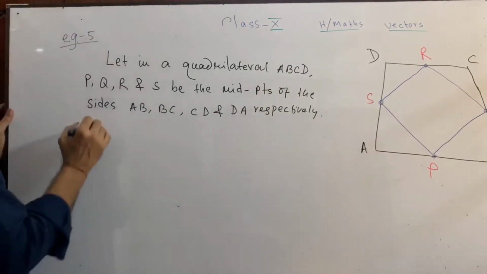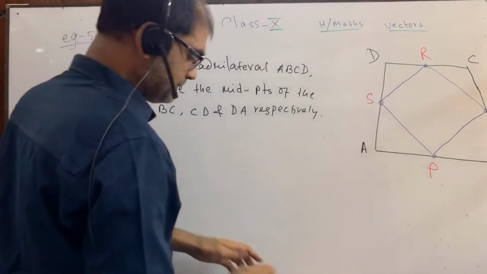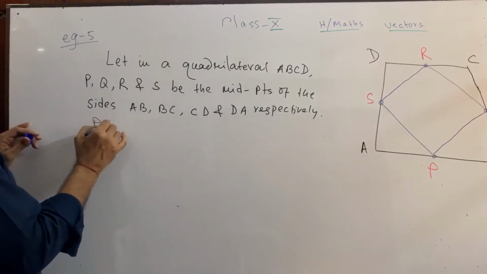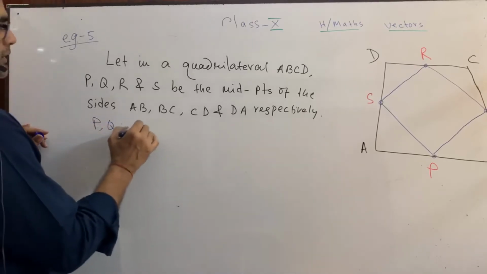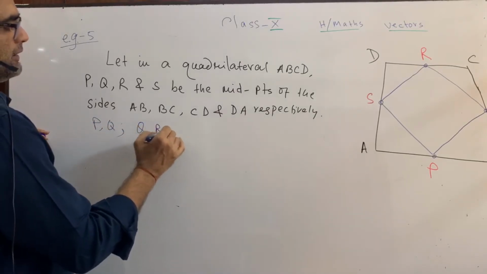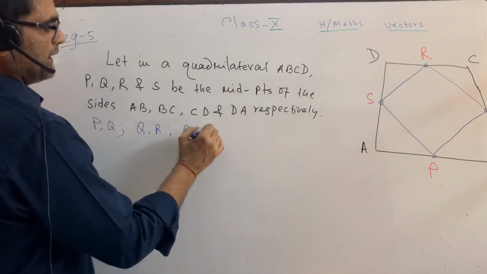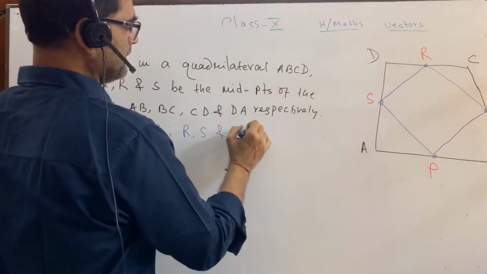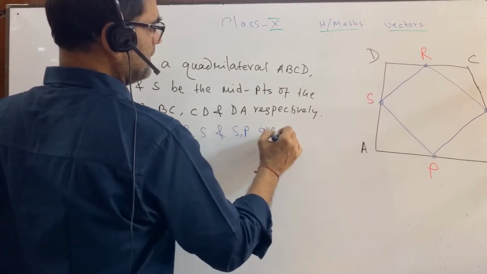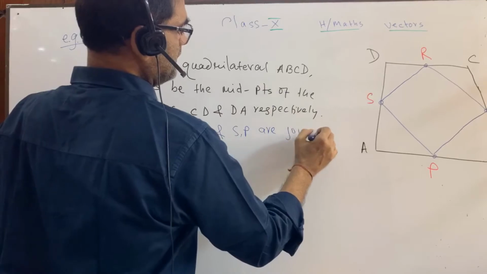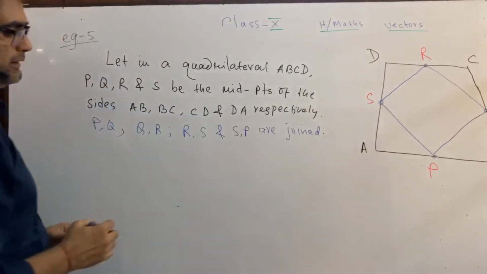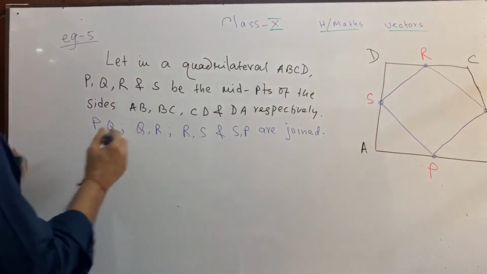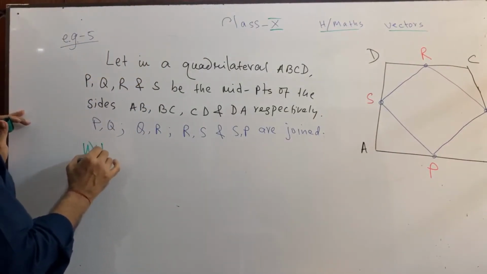Then write down P comma Q, Q comma R, R comma S and S comma P are joined.